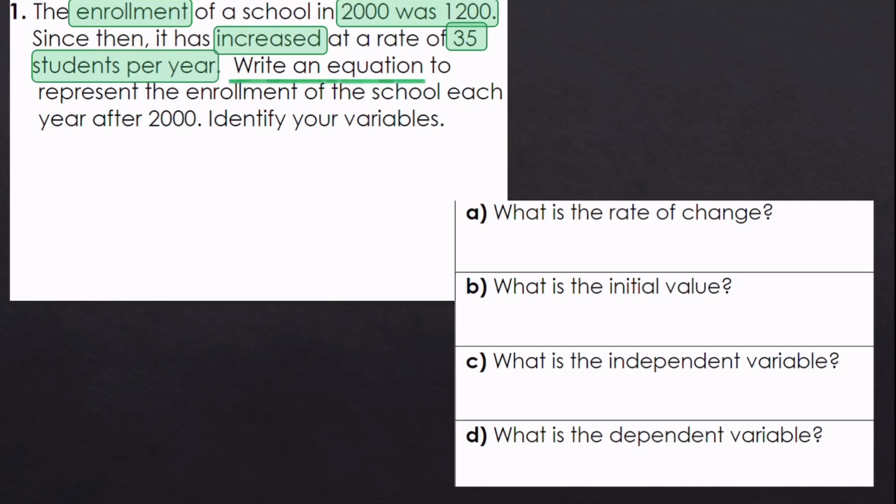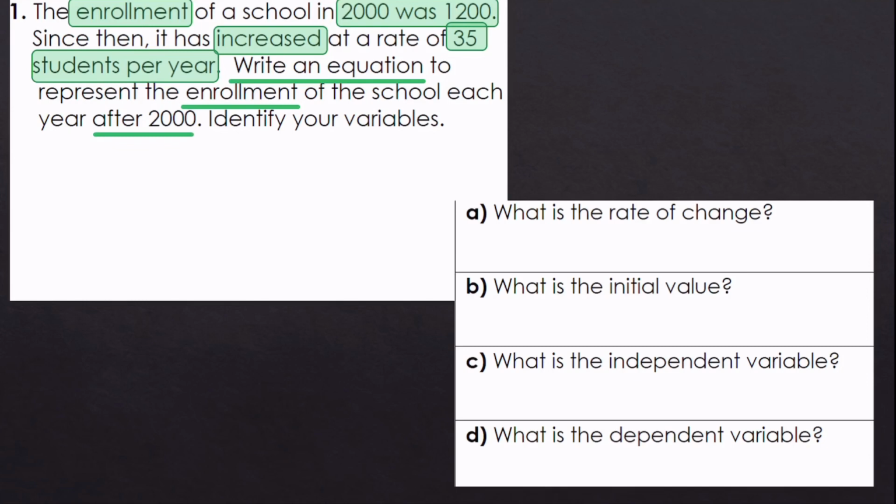Now, here's what this equation is. This equation represents the enrollment. Listen to what I just said. This equation represents the enrollment, so it's going to equal the enrollment after 2000. So looking at this situation, think about what our variables might be. What would the independent variable be?